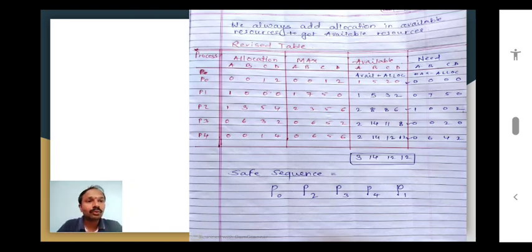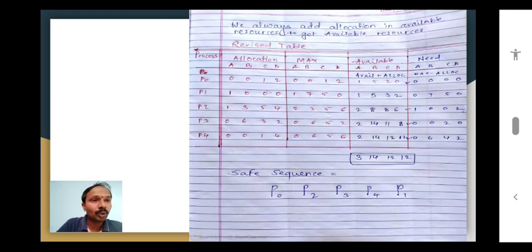So let us move to the next process, that is P2, right? Before moving to P2, we can observe that 1002 is the requirement, and now I need to go for calculating the availability in the next stage.